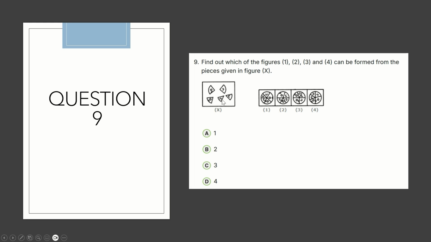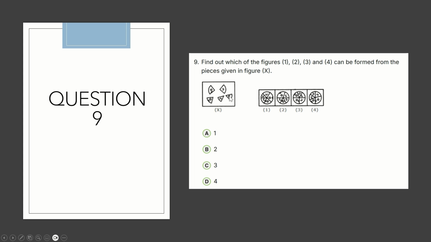Okay, and then looking at this particular piece, we can see we have a C cleft to this side. Looking at option 3, it can be this piece. Looking at option 4, it can be this piece.